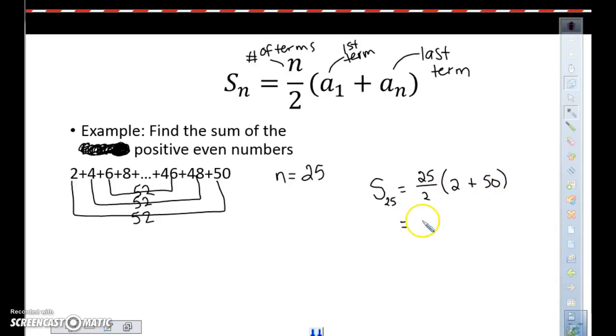So there would be 12 and a half pairs, and each pair would add up to be 52. So again, we would just multiply that out: 650. Now you can, in your calculator, put 2 plus 4 plus 6 plus 8 plus 10, but again, that's going to take quite some time.